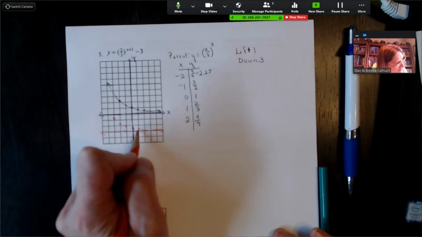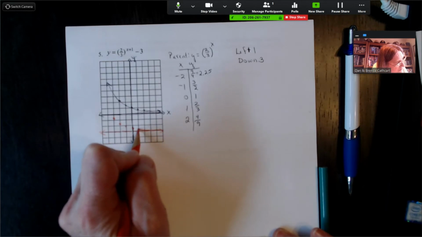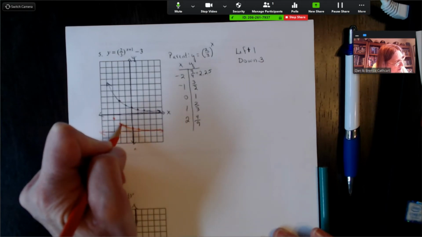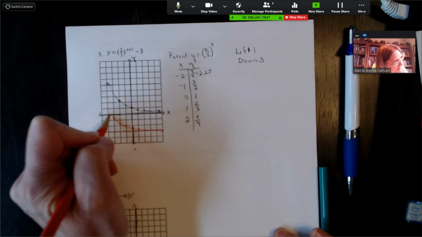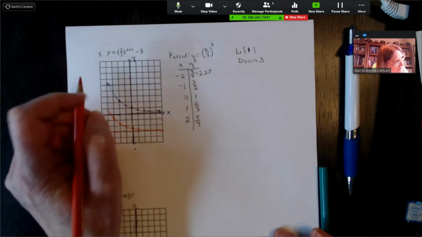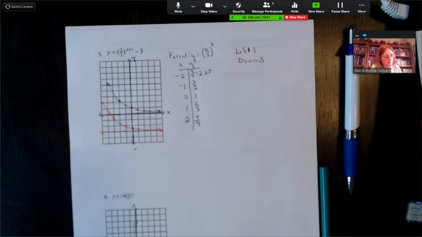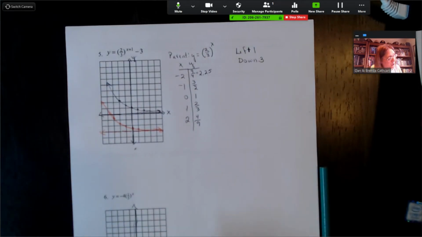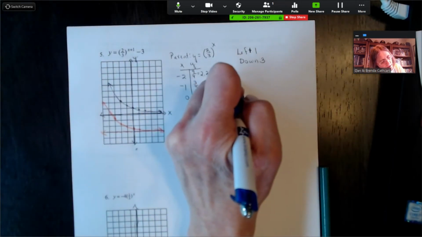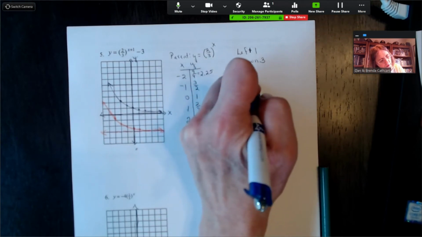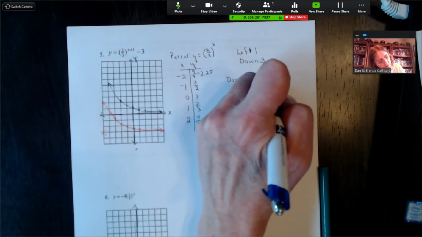So as we draw our graph, we're getting closer to the line y equals -3 on one side. And on the other side, we're going to get steeper and steeper as we go. Make sure your graph looks like that. Okay, domain and range then. Our domain again, always on exponential functions, is all real numbers.